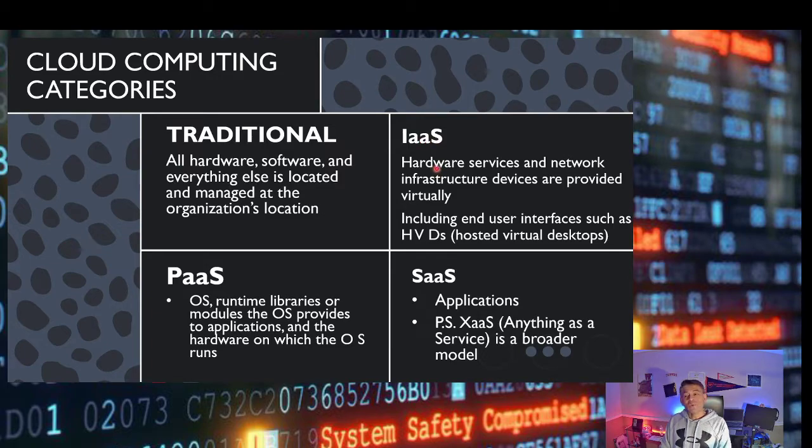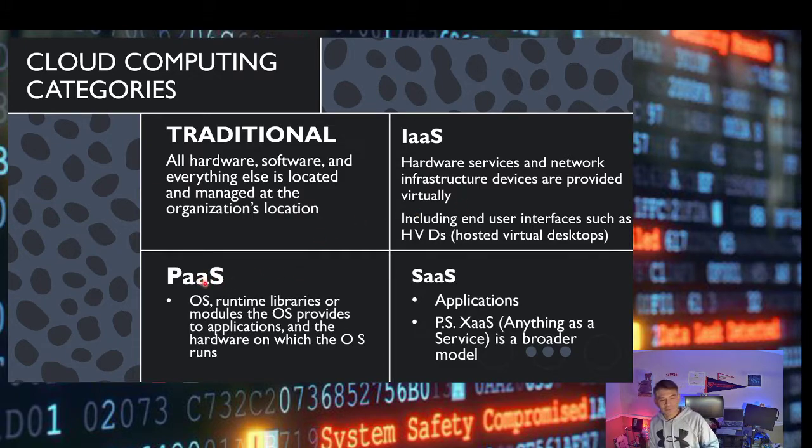It is the hardware services and network infrastructure devices that are provided virtually, including end-user interfaces such as HVDs, or hosted virtual desktops. So in this computing category for the cloud, you're getting the hardware and the network infrastructure devices provided to you by the cloud service provider.